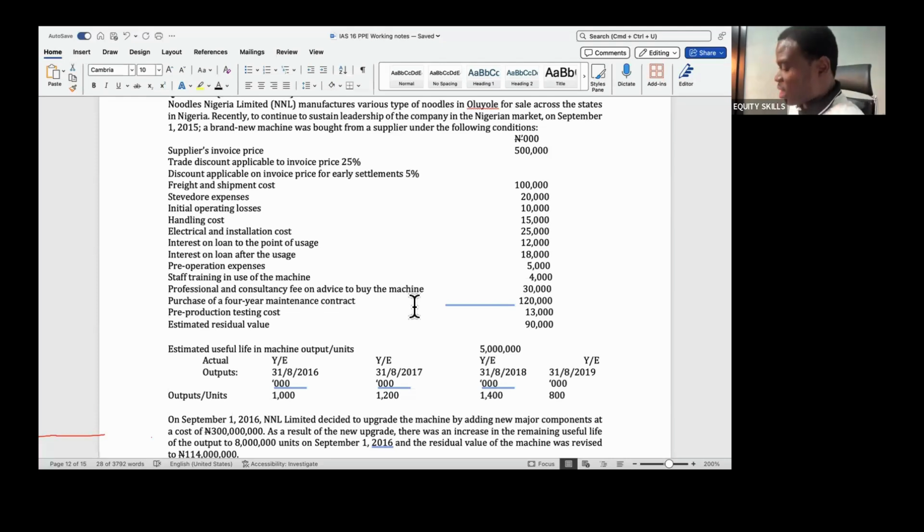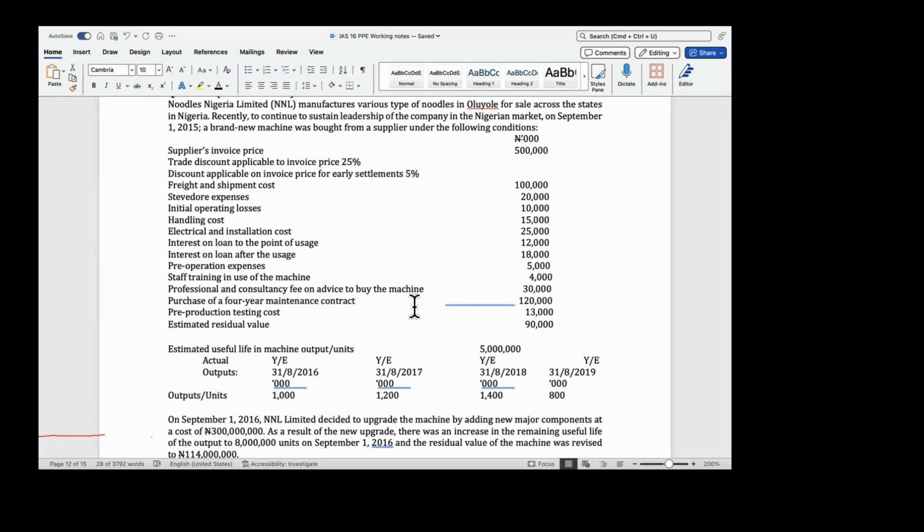Capitalize it. Most replacements you capitalize them. Good question.